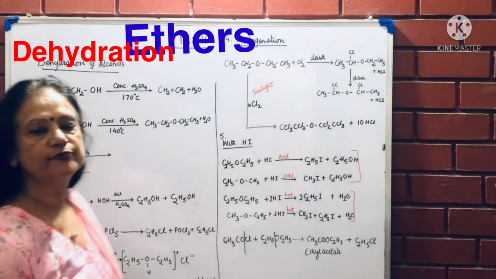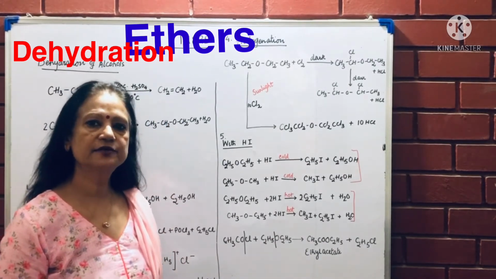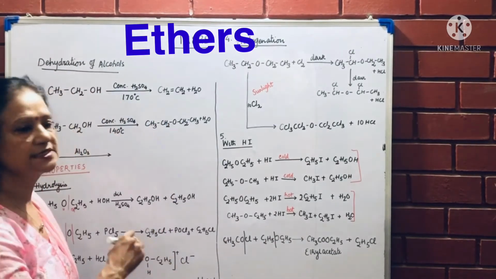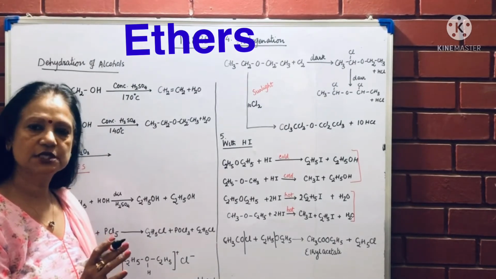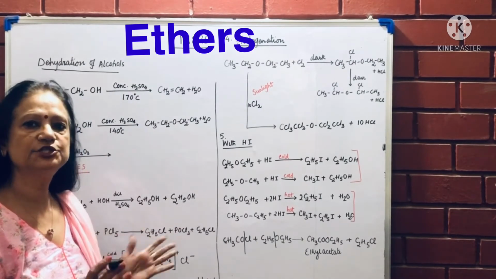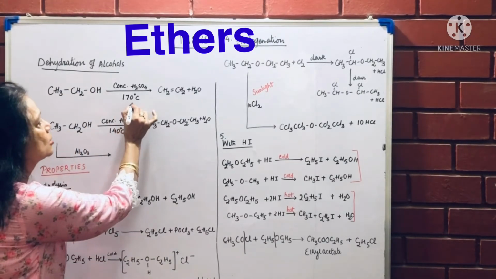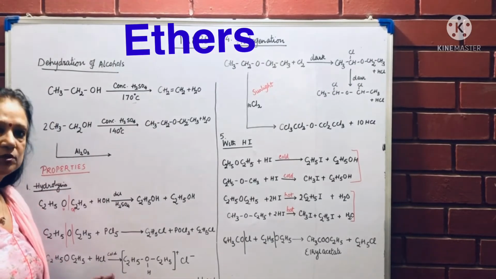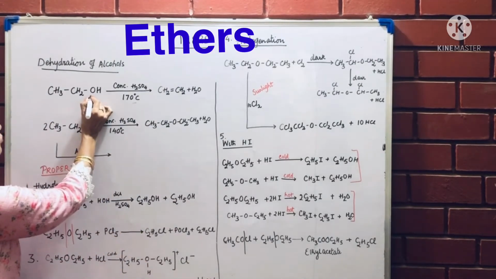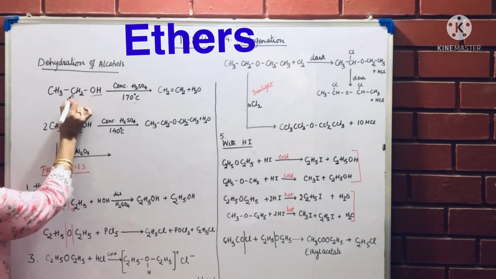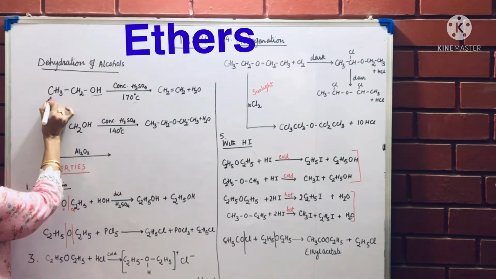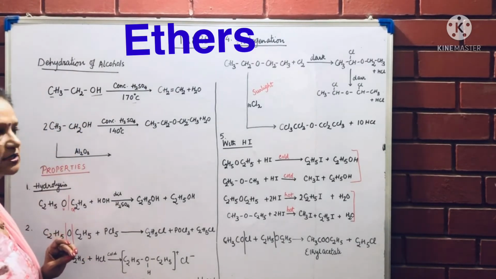So another way of making ethers is by dehydration of alcohols. Since alcohols and ethers are functional isomers of each other, they can be changed into each other. So the first one I've written here is dehydration of alcohol at 170 degrees, which you have been always writing. That is, I remove OH from this carbon atom, and from the neighboring carbon atom hydrogen is lost.